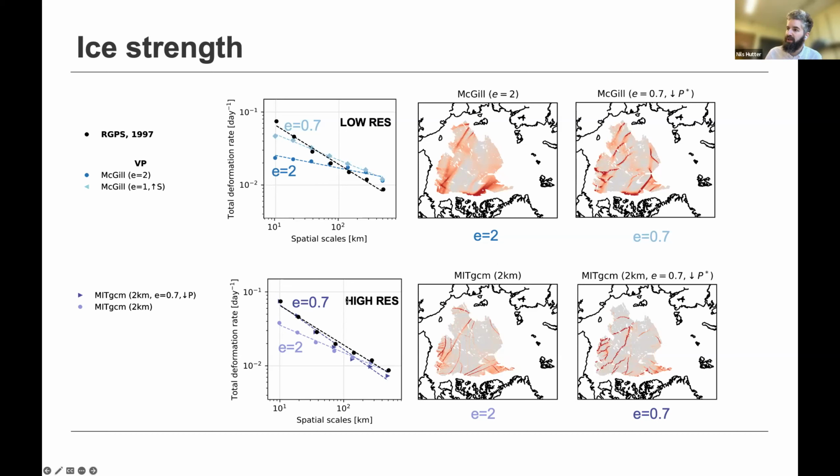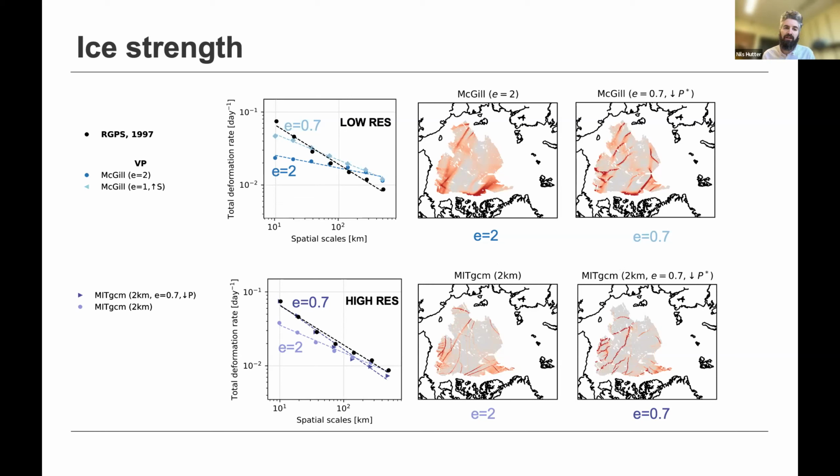And now on the left two panels, you see the spatial scaling analysis. Spatial scaling analysis, as Antoine also showed earlier, is basically you compute the deformation rates at different spatial scales, and then look if the mean deformation rate at this spatial scale follows a power law scaling. So we're looking here if we find a linear line in our double logarithmic plot.